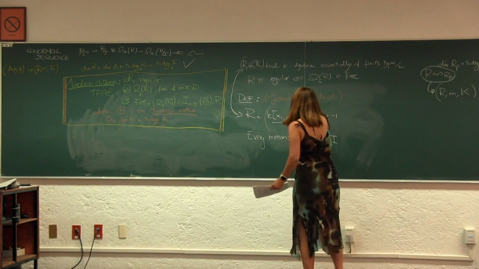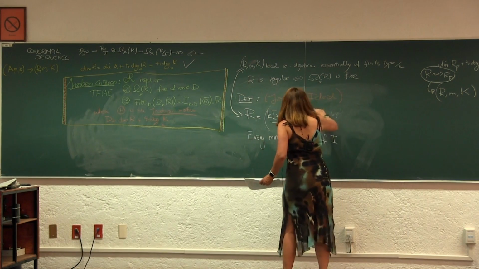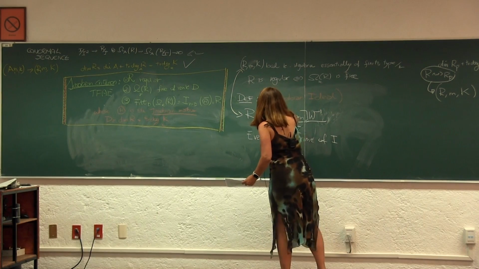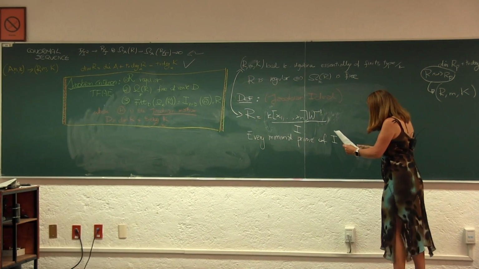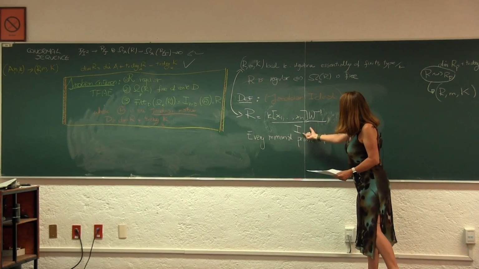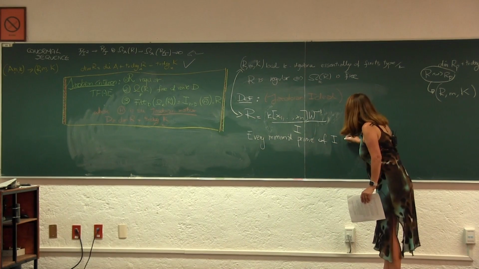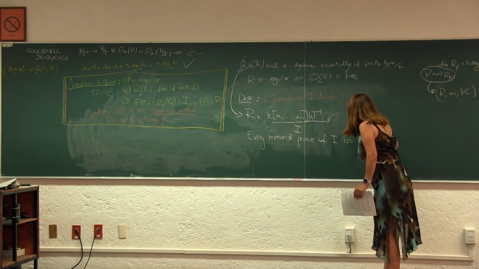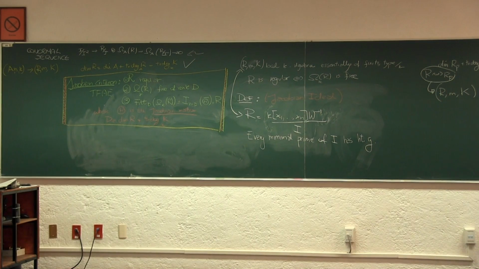Actually, I want to consider it an ideal in the localization. So let me do this. Let me just localize the top and then consider I an ideal in the localization. It's easier to do. Okay? So I assume that the ideal I sits here, and I assume that every minimal prime of I has the same height. The height of I. Okay?